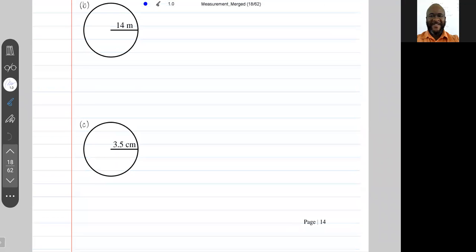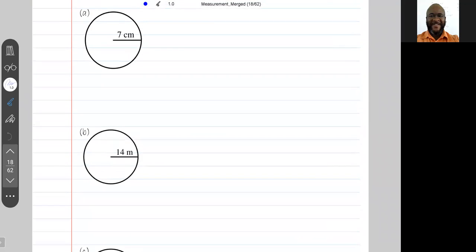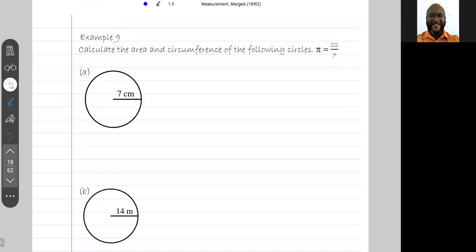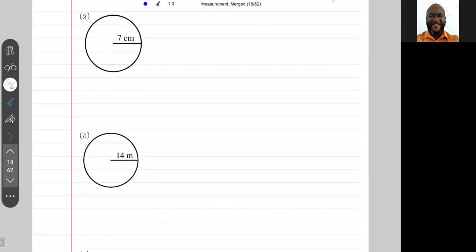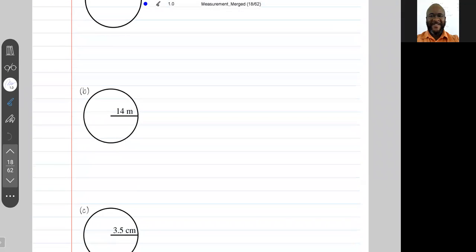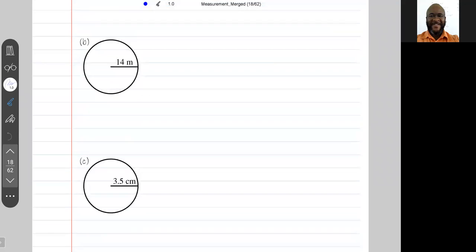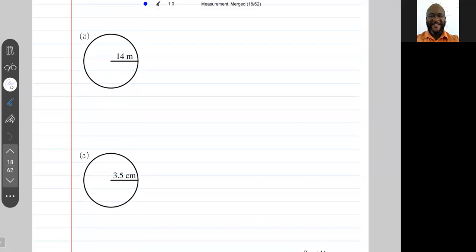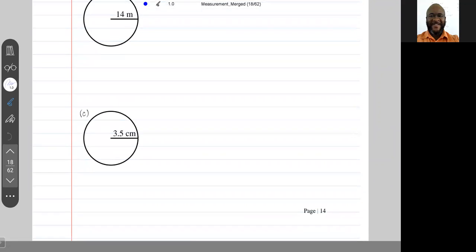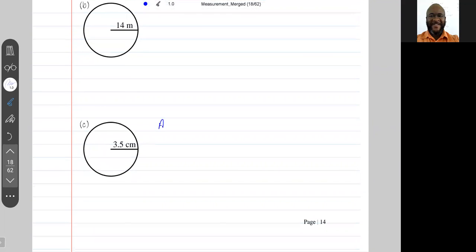So the area of a circle, and we're told for this question that pi is equal to 22/7. Whenever you're doing a question that has circles in it, most times the examiner would give you the value for pi.